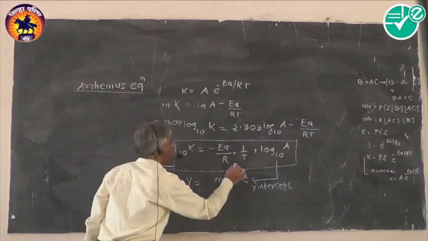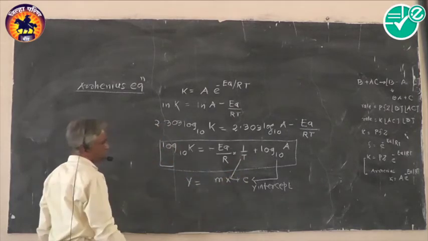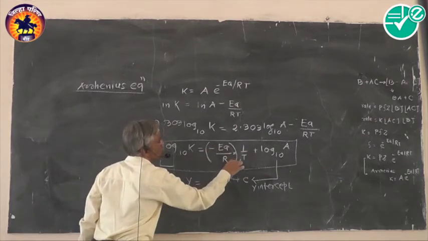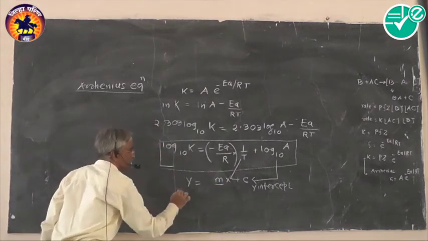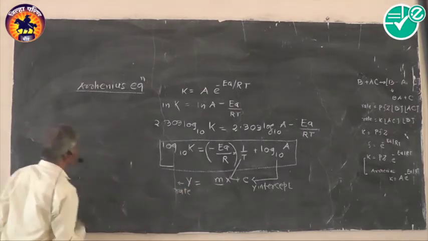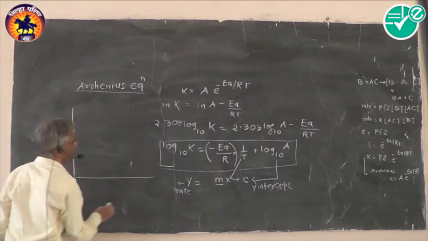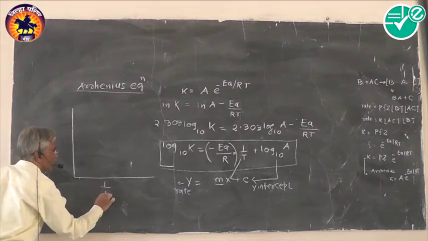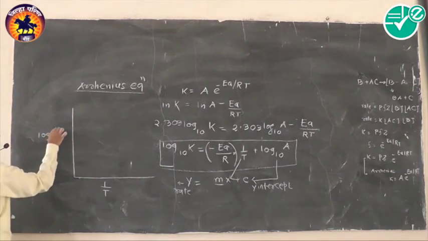Then x is this 1 by T. This much value is the value of the slope of the equation, and y will correspond to the rate of the reaction. So we can have a graph of it. This is the graph we can plot. Here one function is plotted against another, 1 by T on the x-axis and log to the base 10 K on the y-axis.